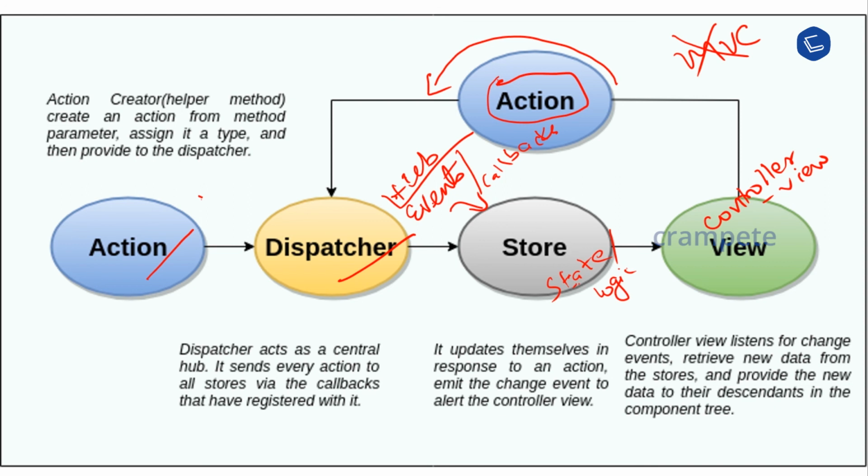The dispatcher, on the other hand, evaluates the events and the data exchanges that take place according to the initiator of the event. So, this is the logic associated with the Flux architecture. You will have a better understanding when I illustrate it with a simple example in the next section.